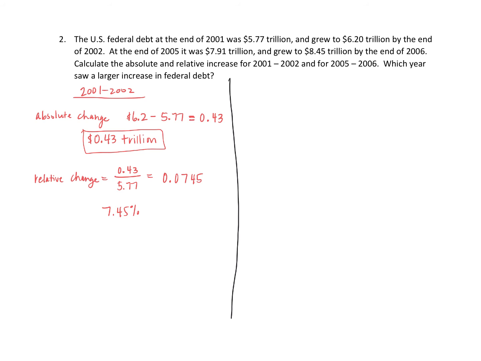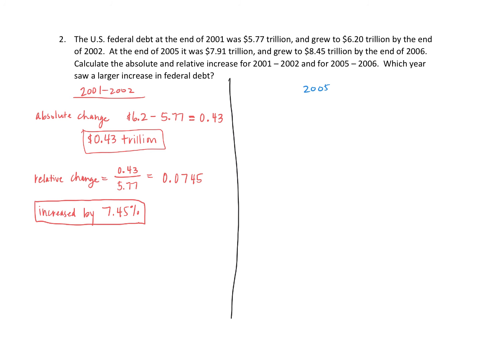So the debt increased by 7.45%. So that's the relative change. Hopefully this is helping you see the difference between the two. The absolute change is just a subtraction, a difference, and it's still in the same units as your original information. But the relative change is a percentage increase or a percentage decrease.